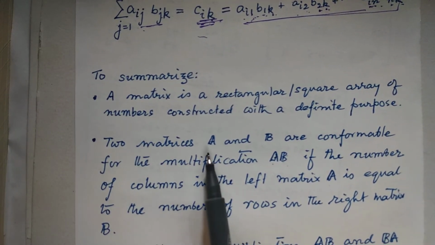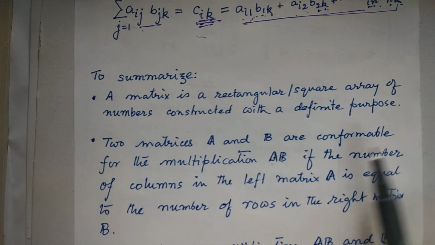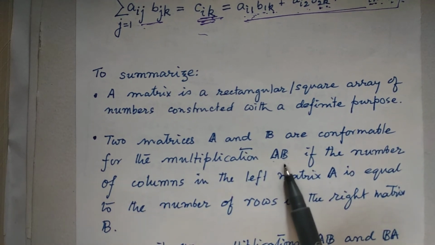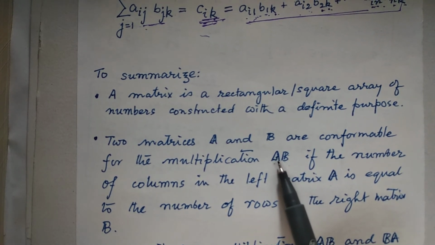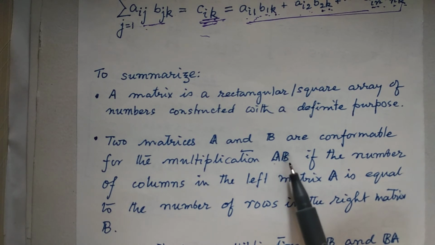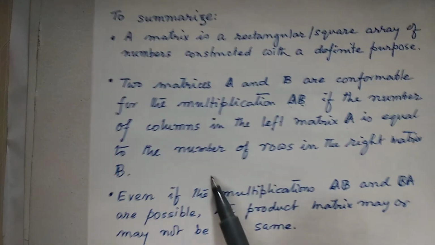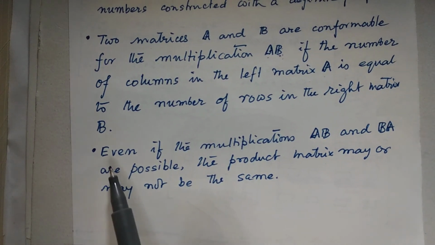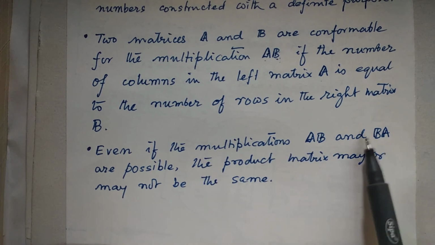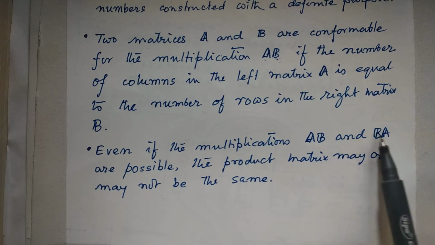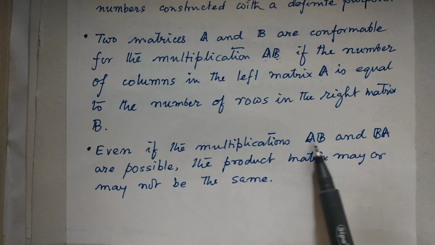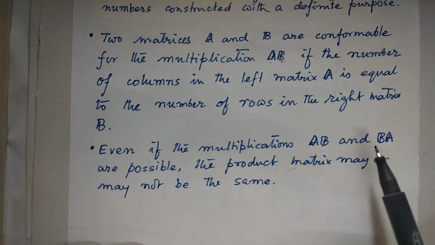Two matrices A and B are conformable for the multiplication AB if the number of columns in the left matrix A is equal to the number of rows in the right matrix B. And the third point is this: even if the multiplications AB and BA are both possible, the results AB and BA may or may not be the same.